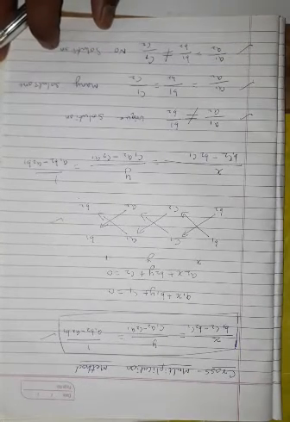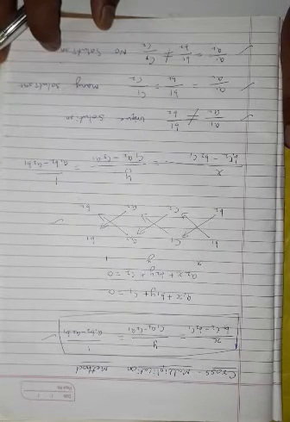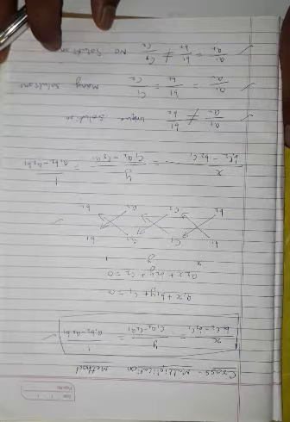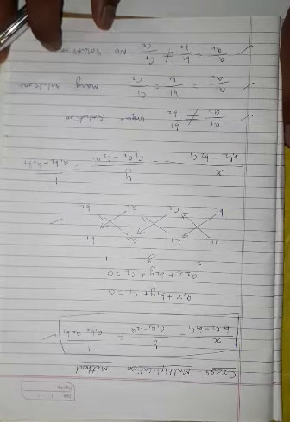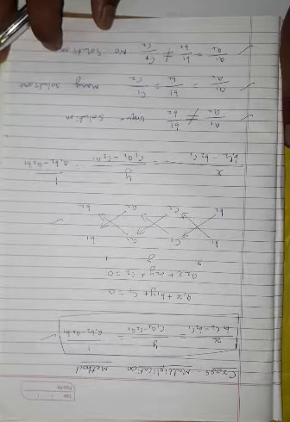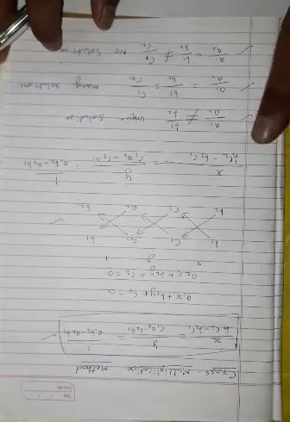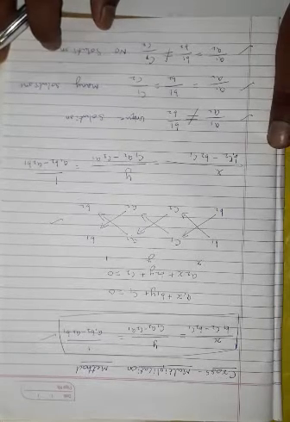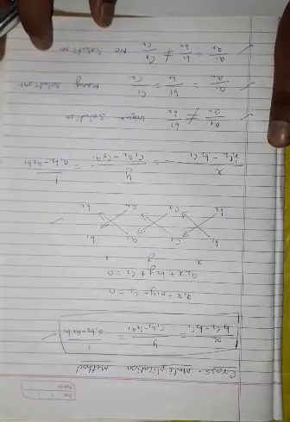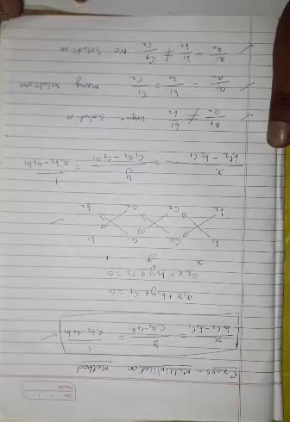Some more questions may arise, such as: for what value of k or p does the following pair of linear equations have infinitely many solutions? For what value of p will the pair of linear equations have a unique solution? For what value of p does the pair have no solution?